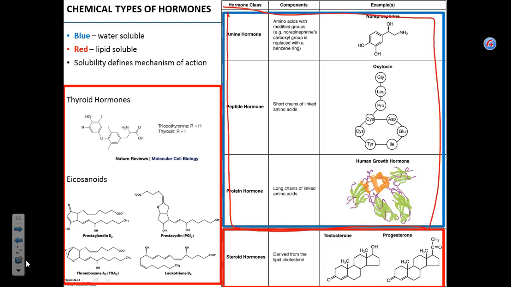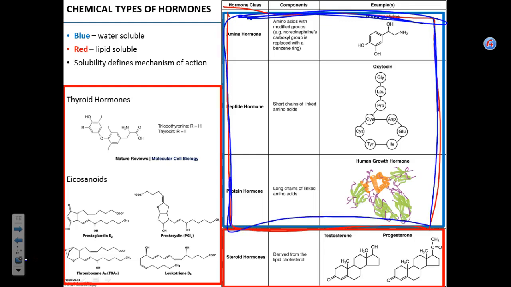That should probably switch to blue. Blue circle, okay, blue square. And hormones can be lipid soluble, the red one, okay.